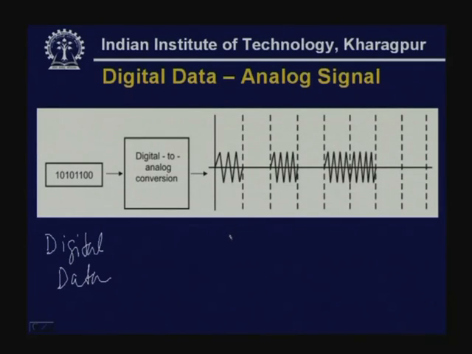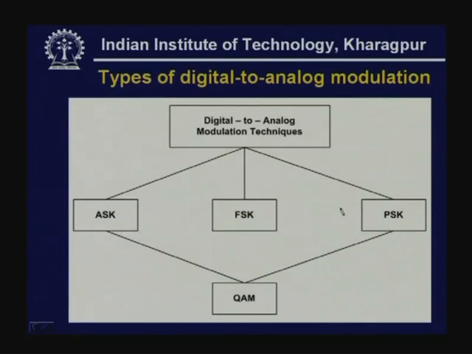This corresponds to logic bit 1, this corresponds to 0, this corresponds to 1, this corresponds to 0, this corresponds to 2 ones, then 2 zeros. So, this corresponds to the data that we are transmitting, but instead of sending 1, we are sending an analog signal. For 0, you are not sending anything, and this is your analog signal.